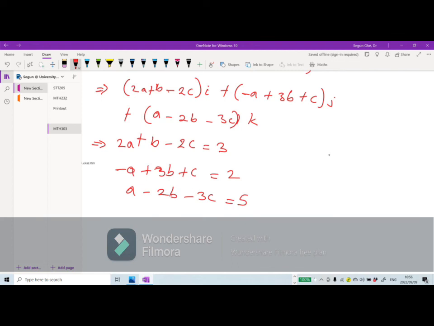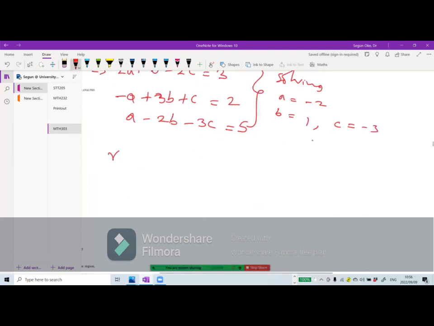So I will advise you to go and solve this simultaneously. If you solve it very well, you have your a to be equal to minus 2, your b will be equal to 1, and your c will be equal to minus 3. So go and solve this simultaneously. Let me see what you get and snap it to me so that I will also cross-check.